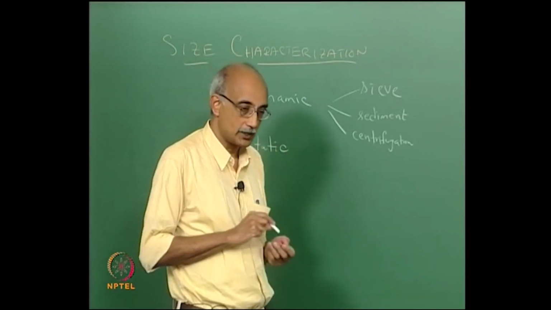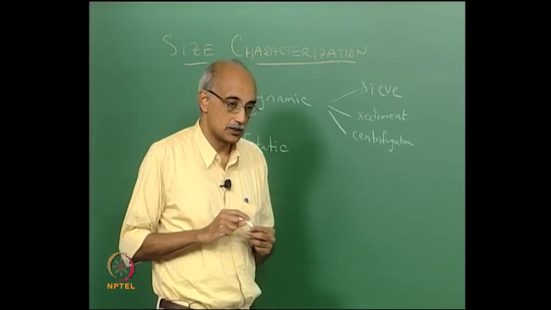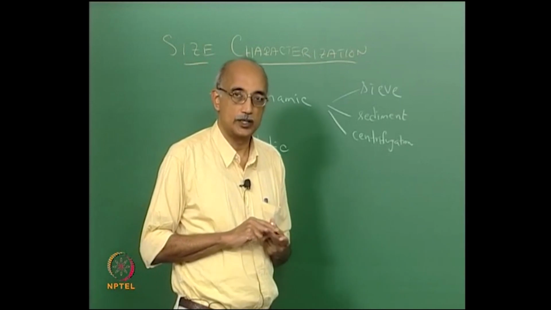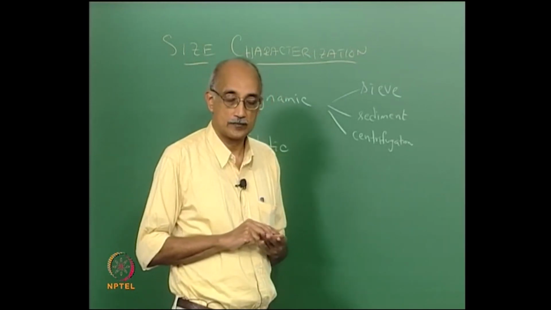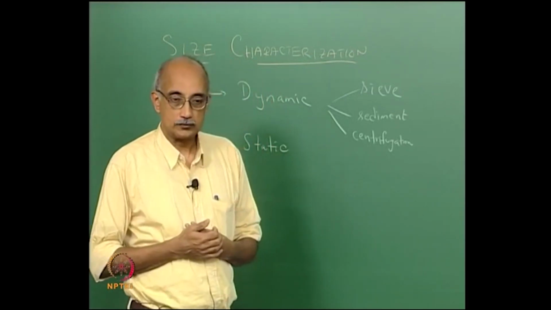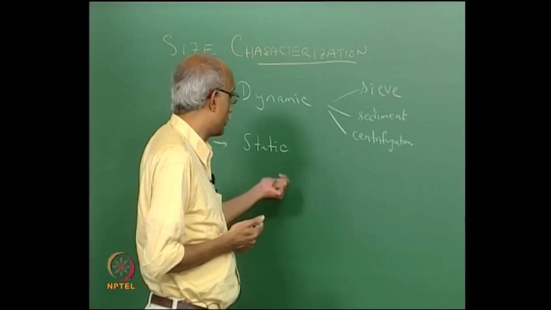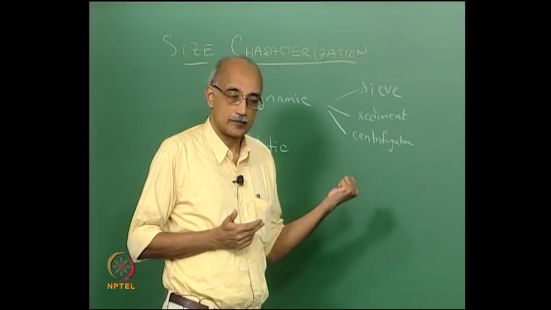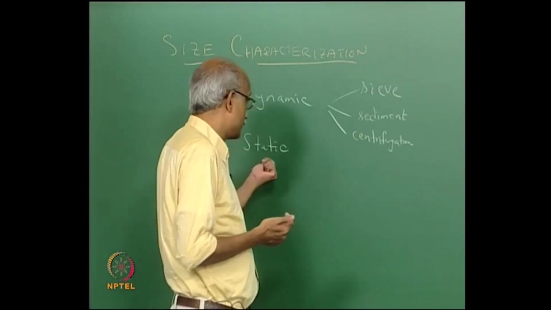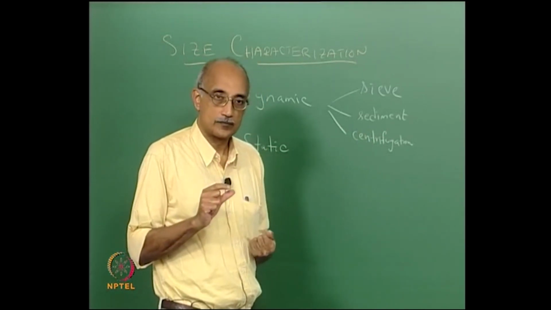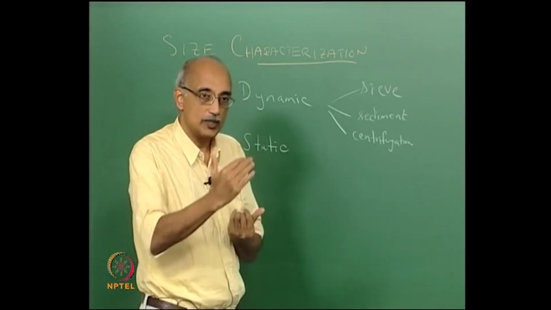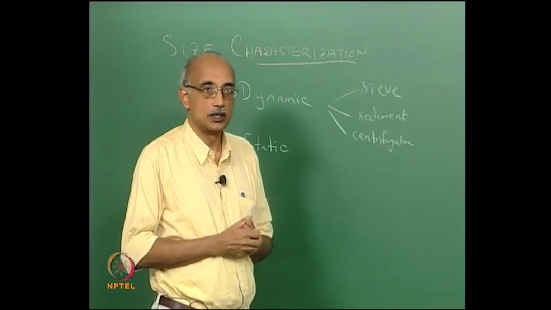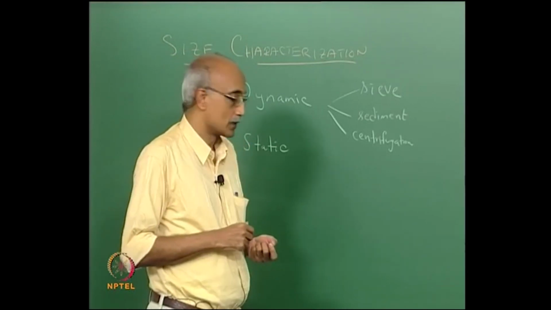Now, static methods in comparison to the dynamic methods are much more painful, very time consuming, require a lot of expertise, expensive, and they are actually no more absolute than these methods, because the difference is now the sizes that you measure will be at single particle level. However, they are still going to be relative to some metric that you use in your method of analysis.